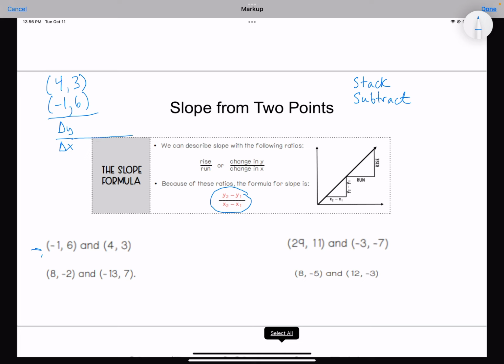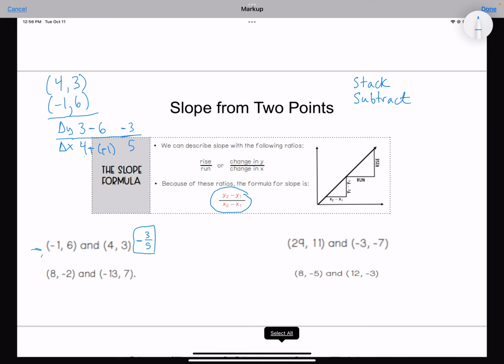It's the change in y, so it's 3 minus 6. Now I do my x's, 4 minus negative 1. 3 minus 6 is negative 3. 4 minus negative 1, keep, change, opposite, it is 5. So the slope here is negative 3/5.